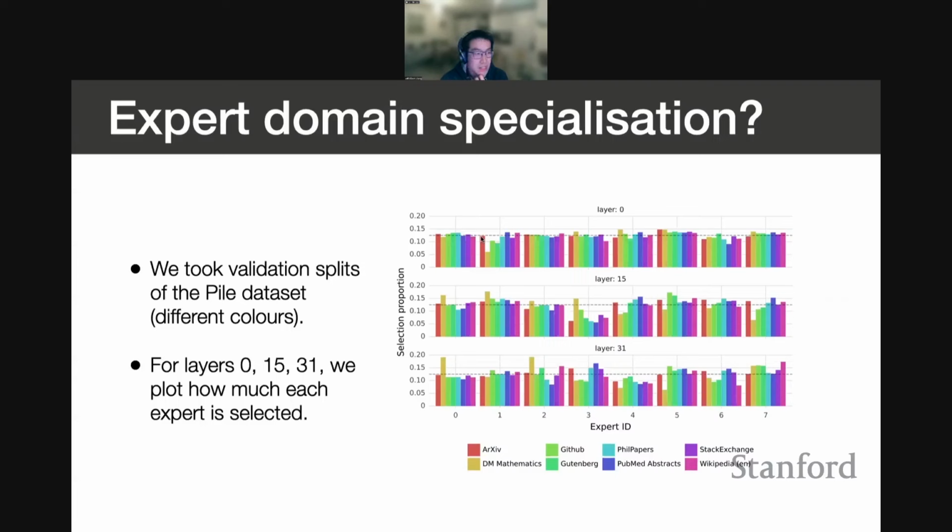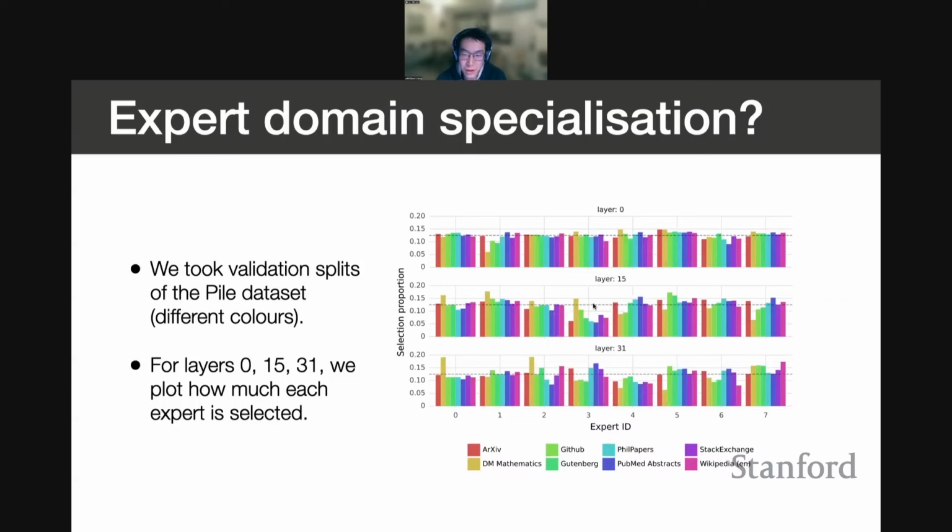This might be telling us that this layer is too shallow, that it's still doing a lot of syntactical work, and you don't get a lot of meaningful domain specialization. On the mid layer, potentially is where you get a lot of semantic information.